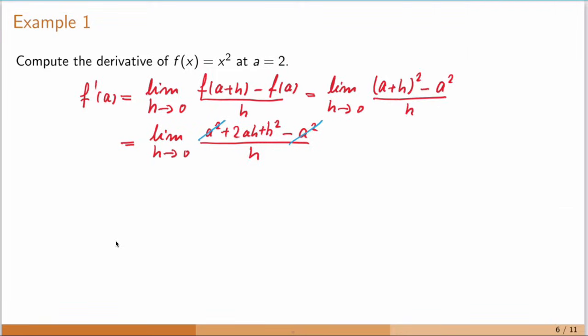And the other terms have some factors of h, so they simplify as well. So then this is the limit as h goes to 0. The first term 2ah divided by h, so the h goes, this is just 2a. And the next term is h squared divided by h, so this is an h. Now here we can happily take the limit as h goes to 0, and this turns out to be 2a. So indeed, using this formula we can compute the derivative. Now let's substitute the number 2, so then f prime at 2 is 2 times 2, which is 4.